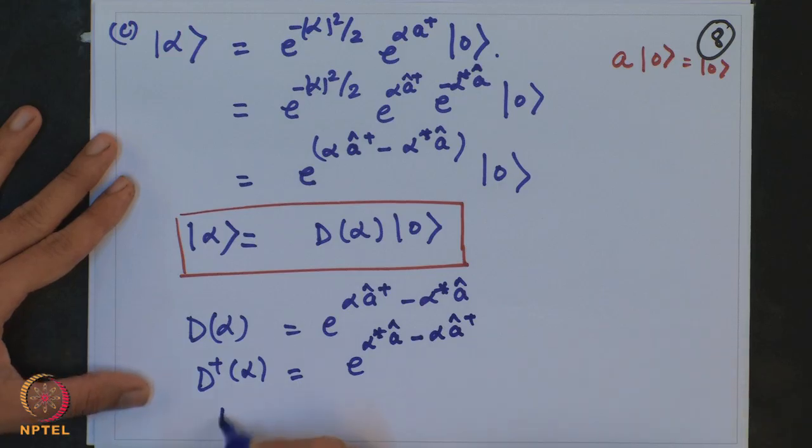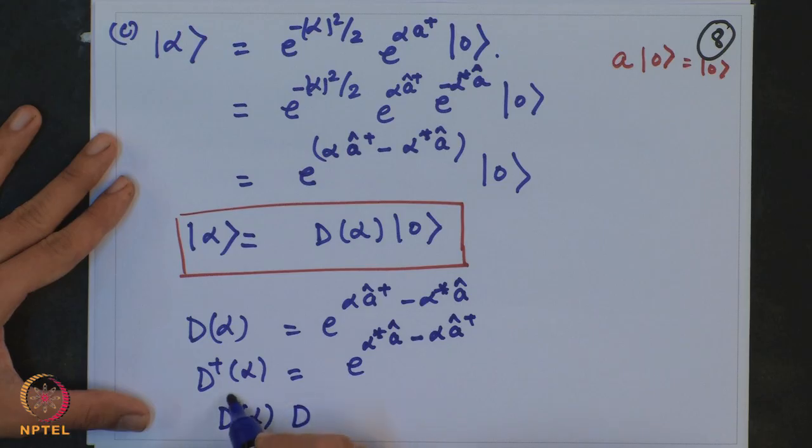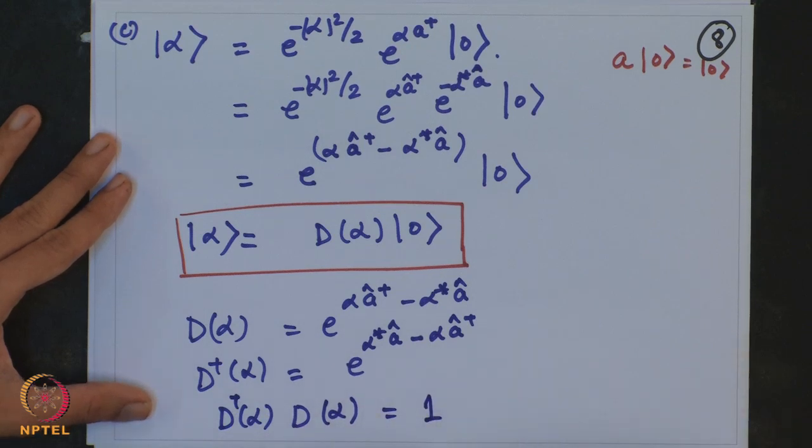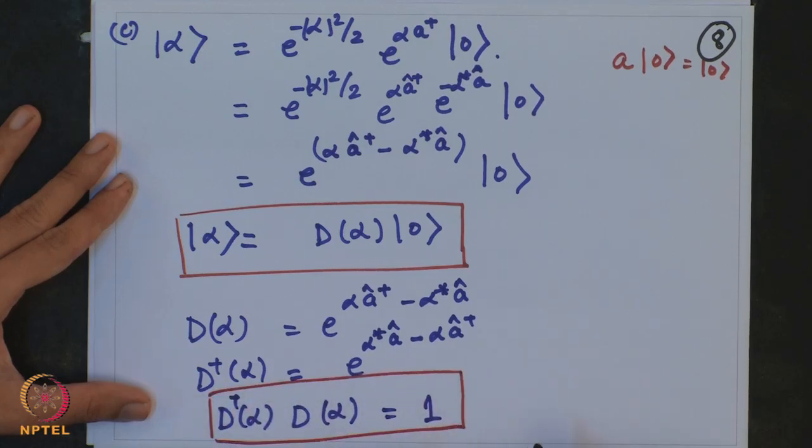Okay. So, when I take d alpha, d dagger alpha, d alpha, so u dagger u is 1, that is, it is a unitary operator. It is very simple, you can see it without even solving.